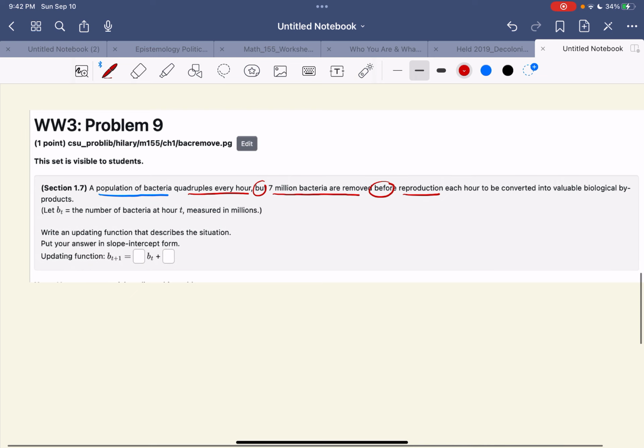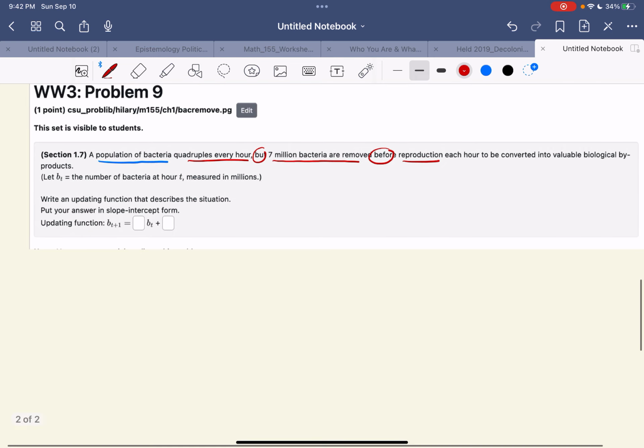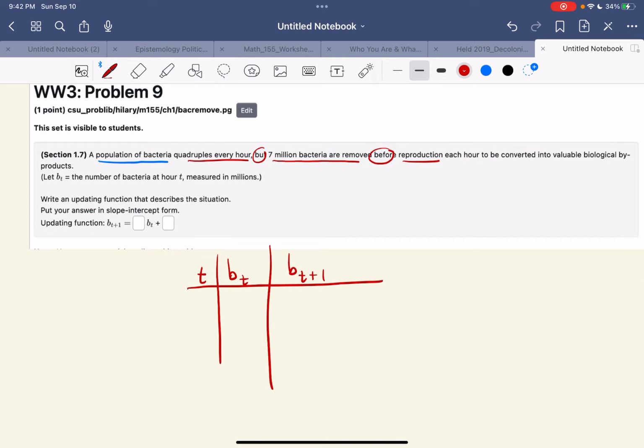We want to come up with an updating function. Let's make a little table real quick. We have T, then the bacteria at time T, and then the bacteria at time T plus 1.